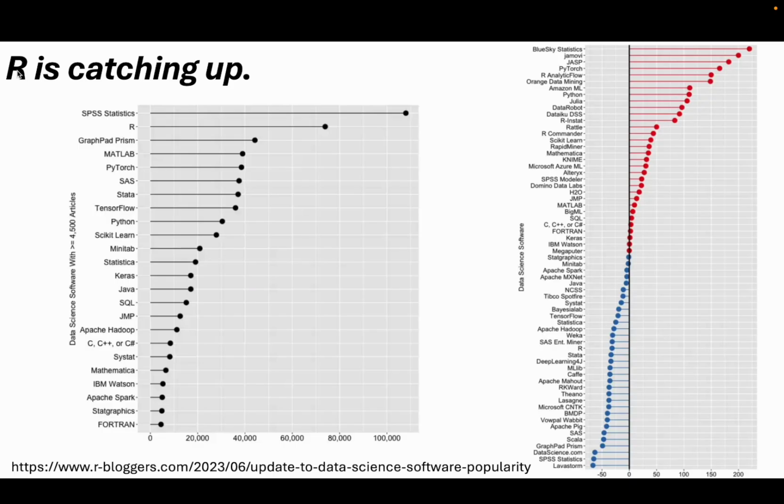The two most prominent are probably SPSS and R. Again, SPSS is still the more dominant one, but if we look at the change over time in this graph, we can see an increase in things like R and JASP, which is a GUI that runs R in the background, and a massive decrease in things like SPSS. So there's a shift going on where more and more people are moving towards these text-based softwares for doing their statistical analyses.